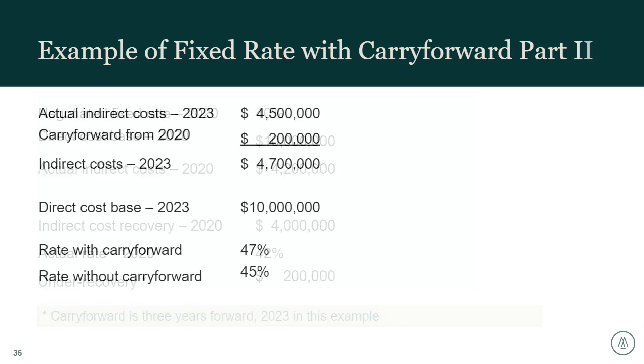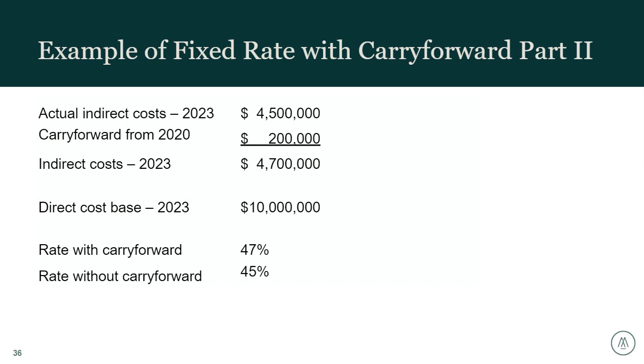So then in 2023, the third of the 3 subsequent years, we have the following data. The actual indirect cost for 2023 was 4,500,000. However, since we had the unrecovered carry forward from 2020 of 200,000, this 200,000 can be added to the actual indirect cost. So the indirect cost in 2023 will be 4,700,000.